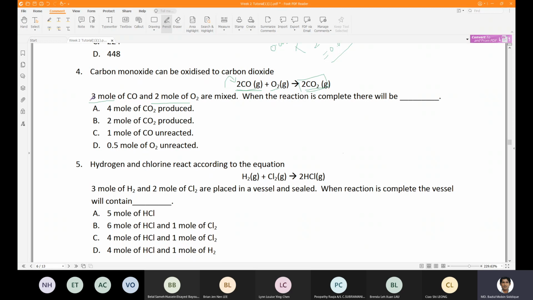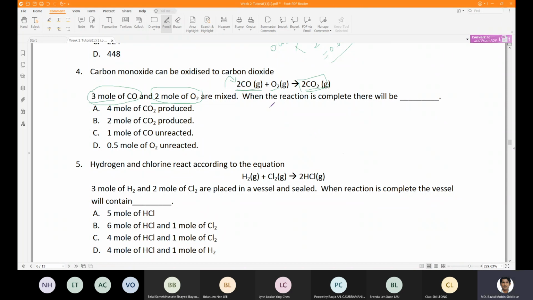When 3 moles of carbon monoxide and 2 moles of oxygen are mixed, clearly there is a reaction going on, and the reaction stops at some point. So we are looking for the limiting and excess reactant. Which one will finish up faster?